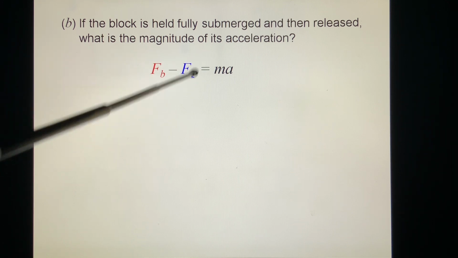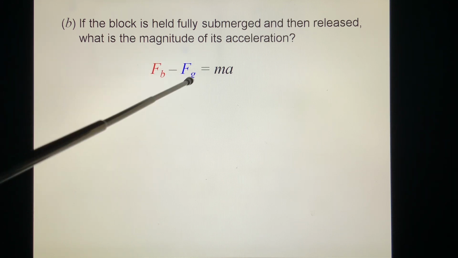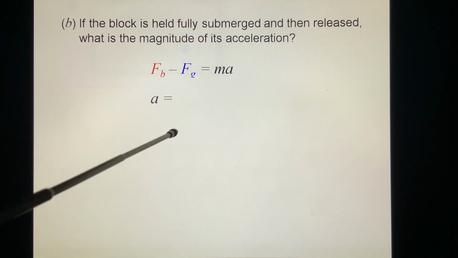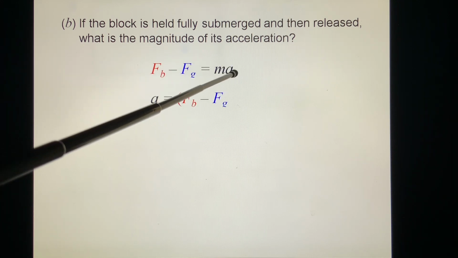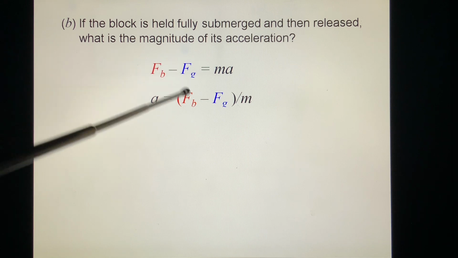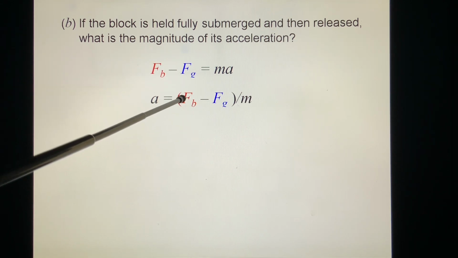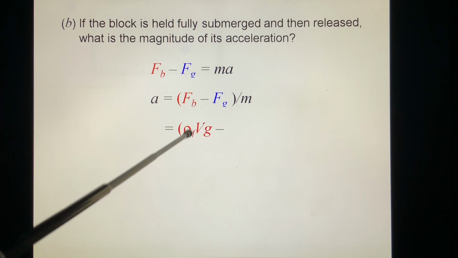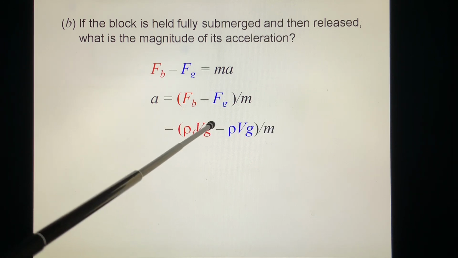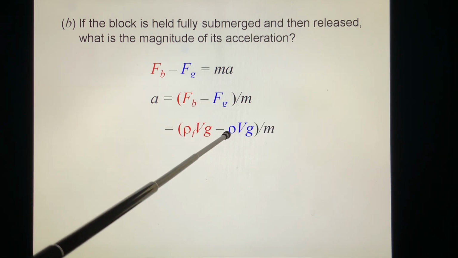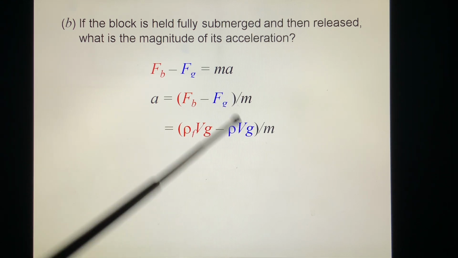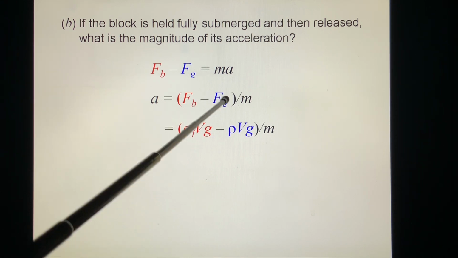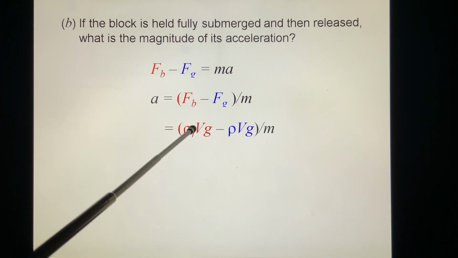This is its weight, mg. So we see the acceleration equals (F_b minus F_g) over m. What is F_b? F_b is total immersion, so this is equal to rho_F V g, because of total immersion. This is the density of the block, and this is the density of the fluid.